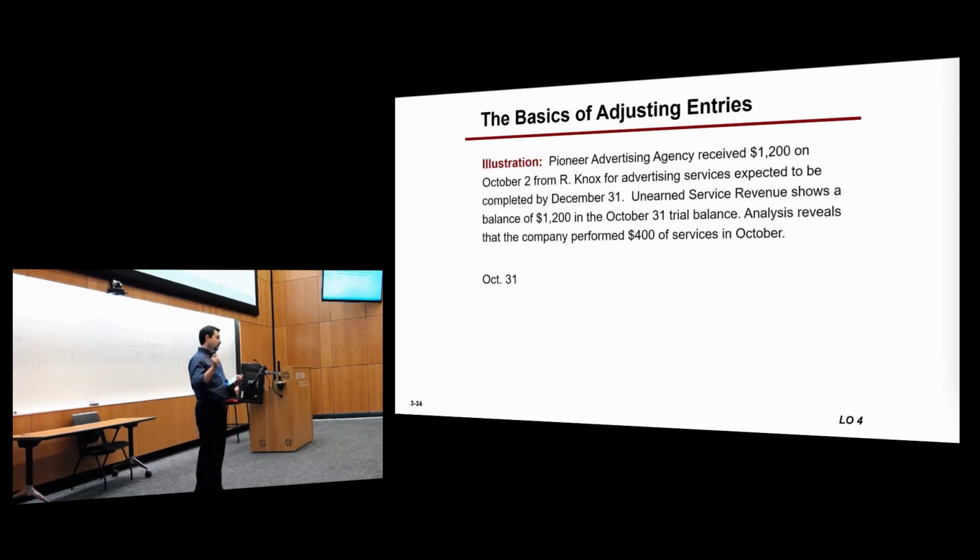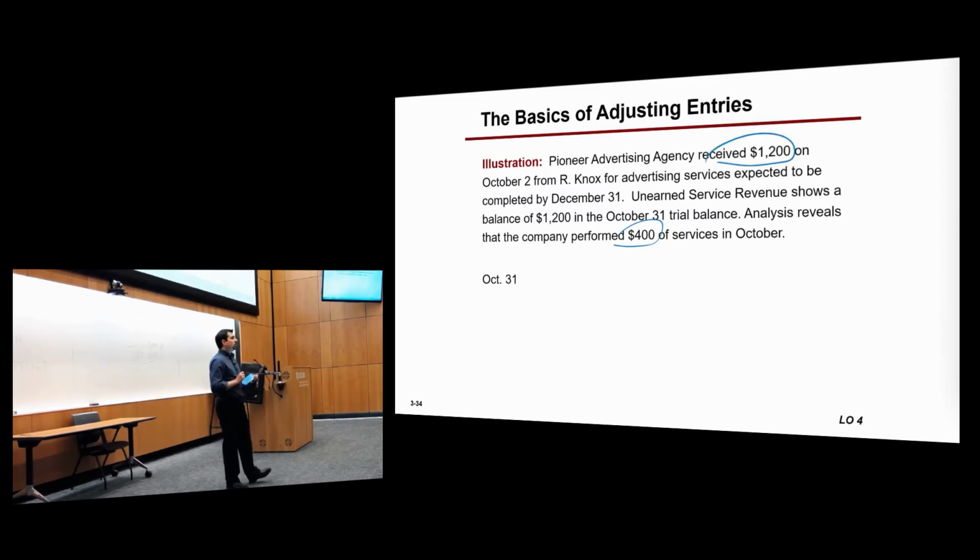Now, I'm not going to repeat what I read before, so I'm going to jump directly to that one. What's the journal entry that we need to do here? The company performed $400 of the service. The original amount of unearned service revenue was how much? 1,200, right?